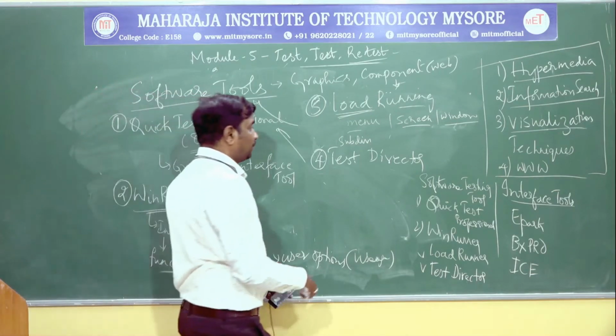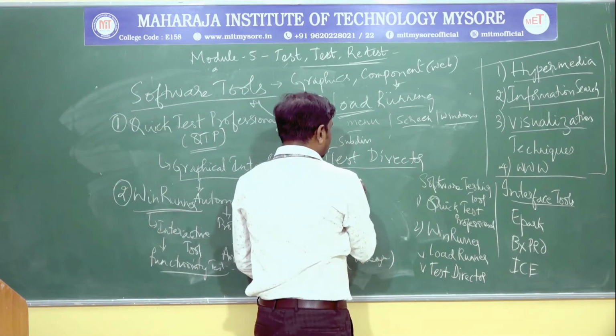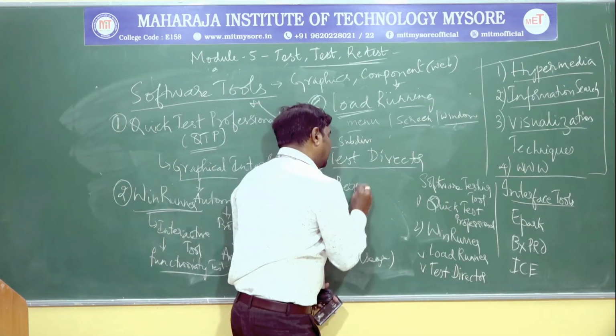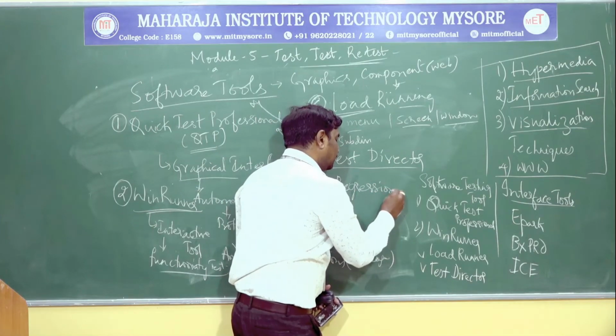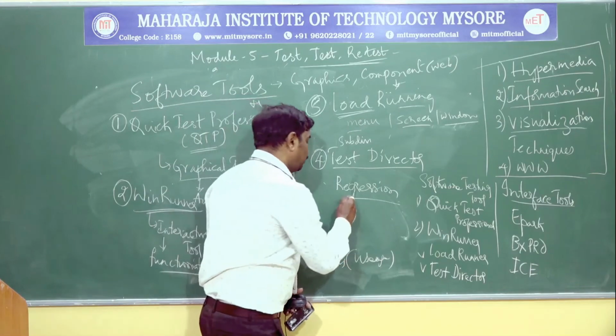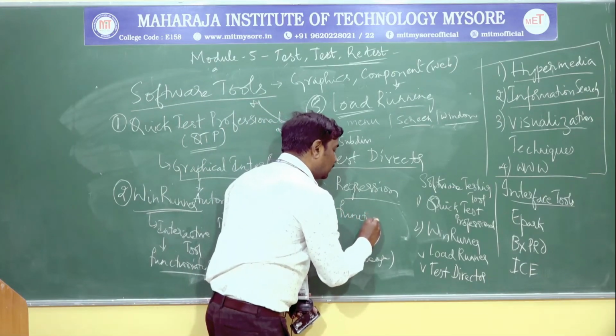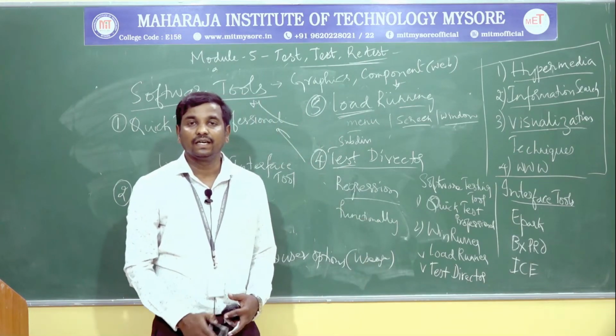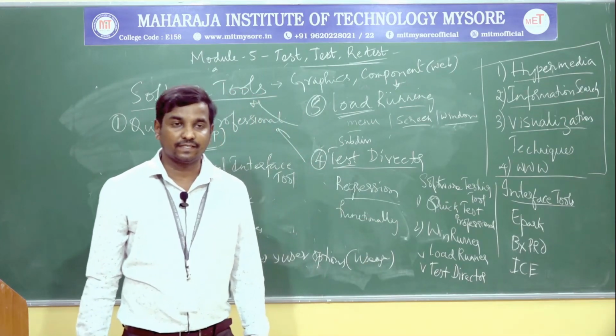With it we can perform a regression test, in the sense that all types of variations and all types of functionalities can be checked, and it acts like an e-business tool.